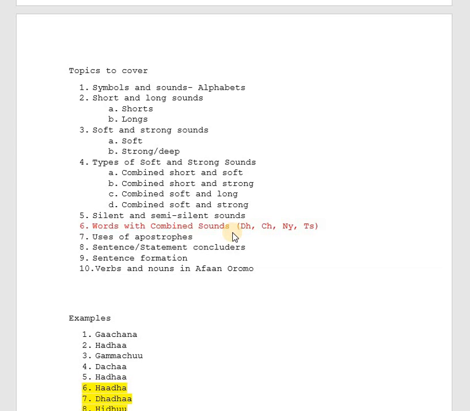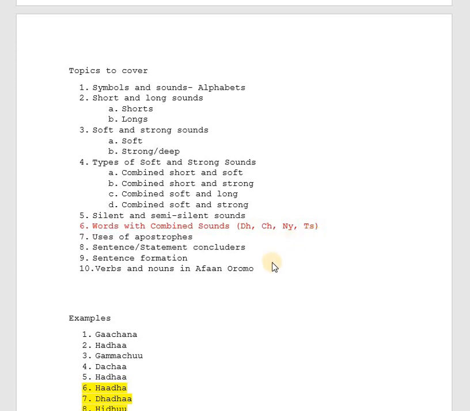These exist in English as well, like CH in church and change, which is the same as in English. In Oromo we have some of them. DH we call dha. CH is cha, mostly the same as English. NY is nya. TS is tsa.